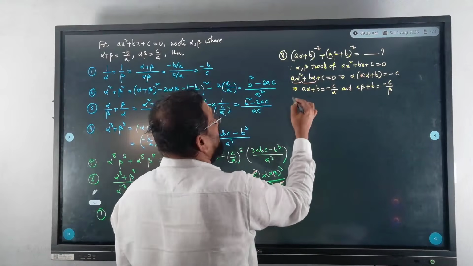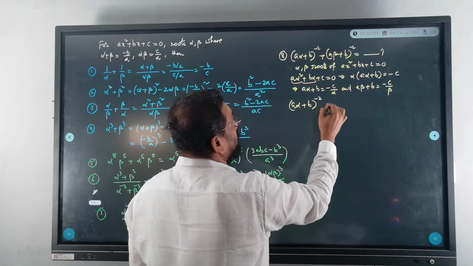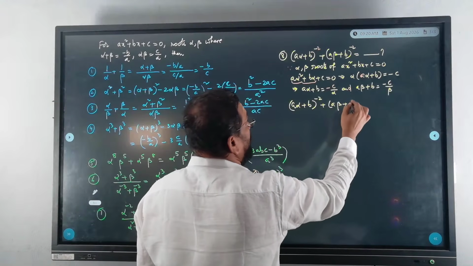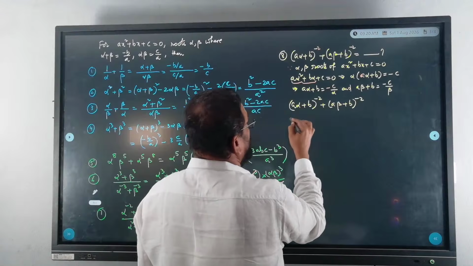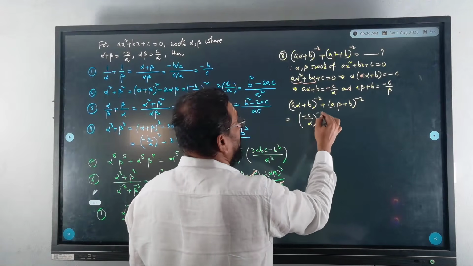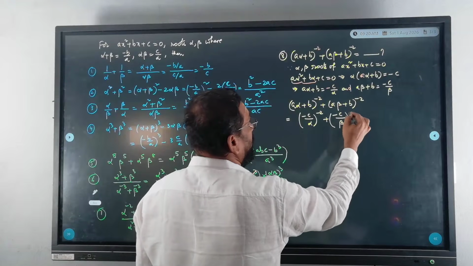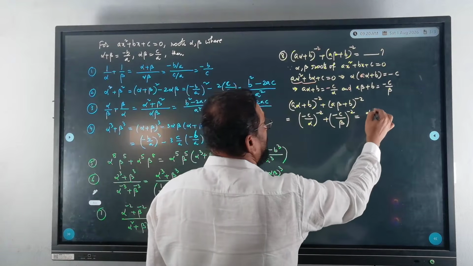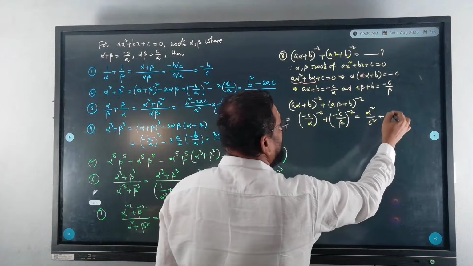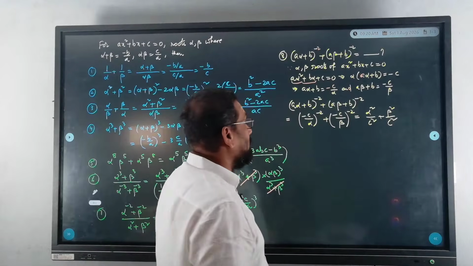So now what do we have to find? a alpha plus b whole power minus 2 plus a beta plus b whole power minus 2. So that is minus c by alpha whole power minus 2 plus minus c by beta whole power minus 2. So this is alpha square by c square plus beta square by c square, with the same denominator.